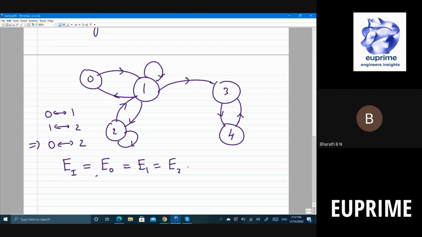What about E3? Sir, here 0 cannot talk with 2 directly. So how is E0 equal to E2? You remember the definition. So what do you mean by 0 talking to 2? That means P02 in some step n is greater than 0. For example, I'll just give everything as half.